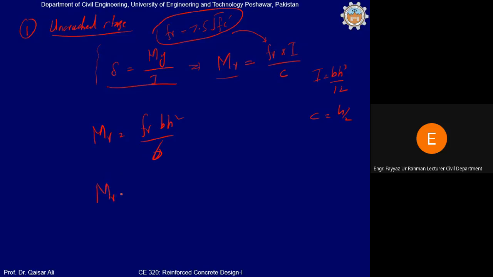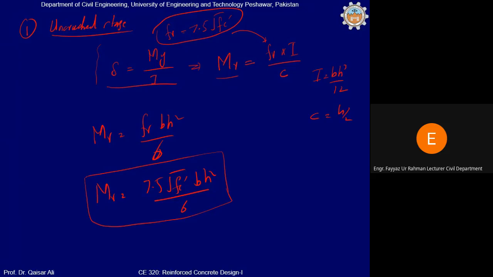Or MR is equal to 7.5 under root FC prime into BH squared divided by 6. So this is the equation for calculating the flexure capacity of a reinforced concrete section just prior to the appearance of the first crack, when the section is at the verge of cracking. Clear?